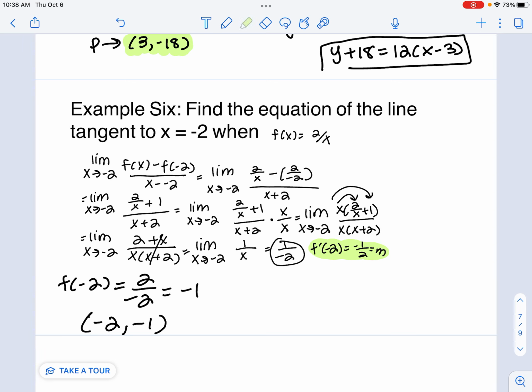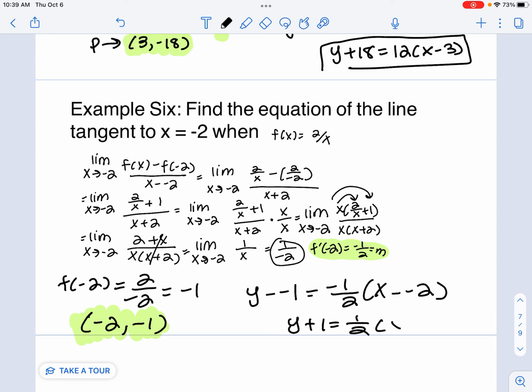So that is a point on the tangent line. So when I put this in my equation, I'll do y minus -1 equals -1/2 times x minus -2. And if I clean that up, I'll have y plus 1 equals -1/2 times x plus 2. And that is your answer.